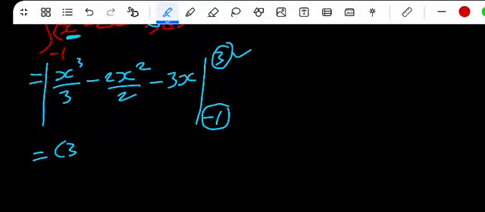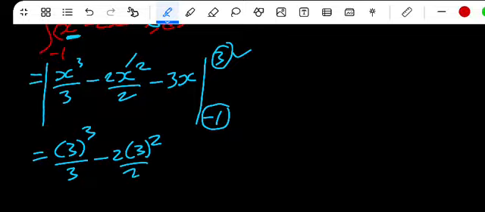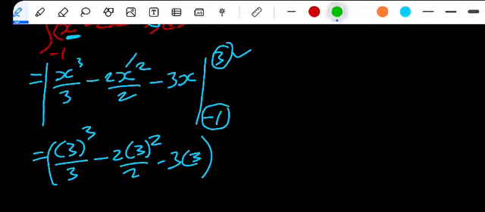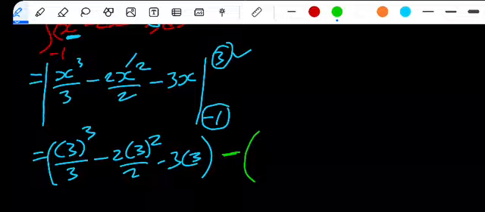We'll have 3 cubed divided by 3, minus 2, substituting 3 there, squared divided by 2, minus 3, we substitute 3. All of these, you subtract, then you put again your parentheses or brackets. Now you go to the lower limit. You rewrite that.